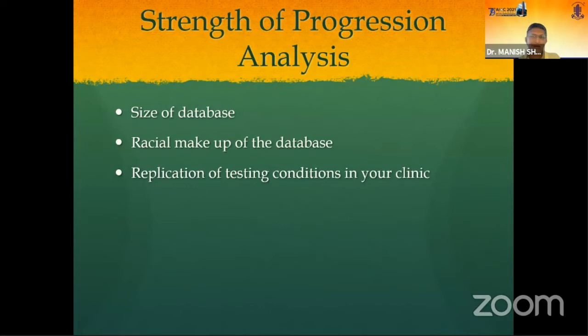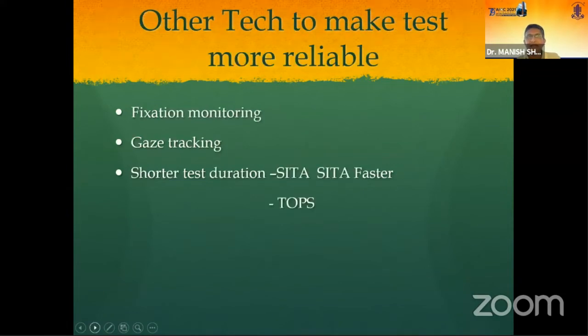You have to have a wide range of data, including racial, and that should be replicated in the testing conditions in your clinic to get a similar outcome. So machines which have been more extensively used and tested, and where the data has been put in, definitely carry an edge.